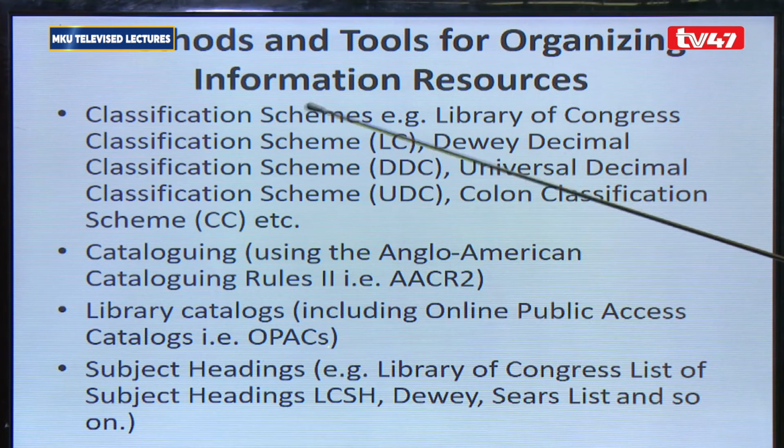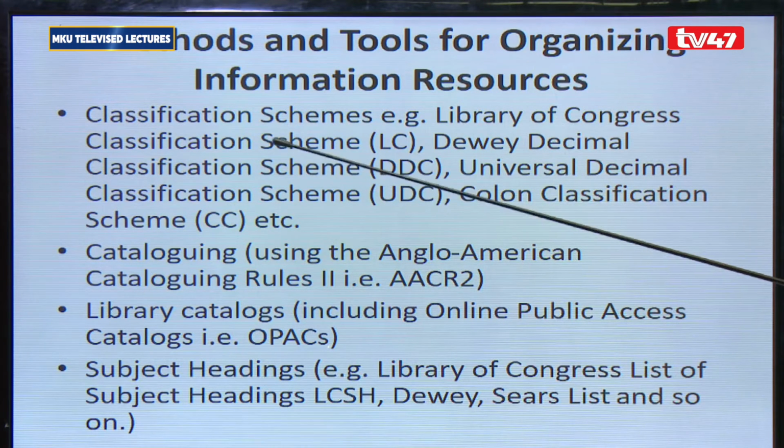The Library of Congress classification scheme is commonly used in very big libraries like university libraries, which have tens of thousands to hundreds of thousands of books and other materials. Then DDC is used for smaller libraries which have a wide range of readership.